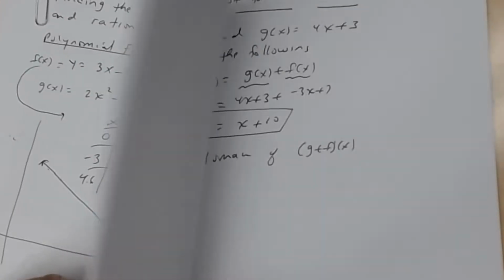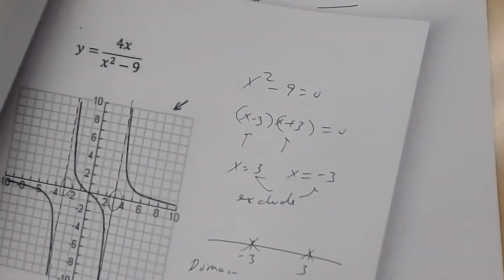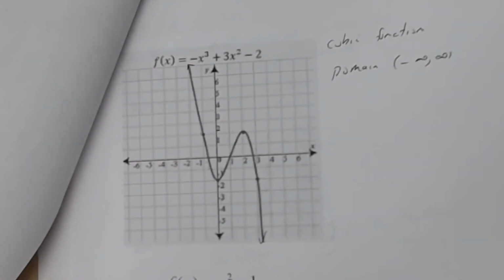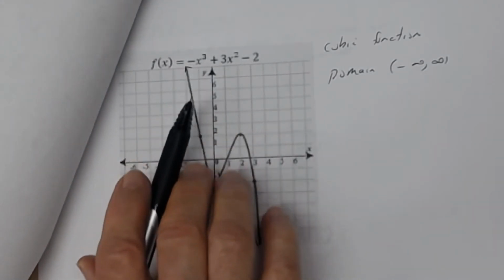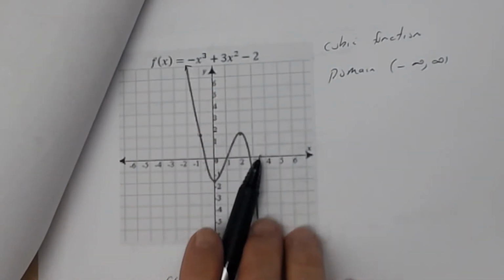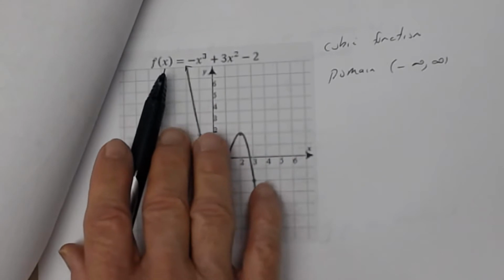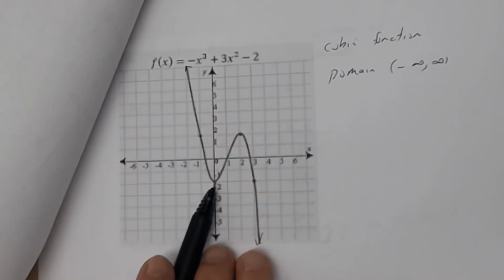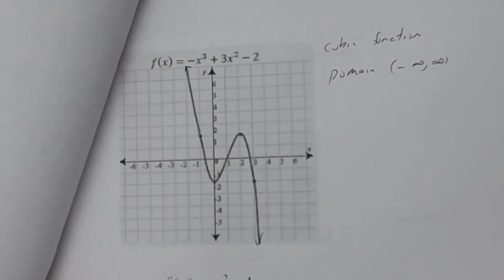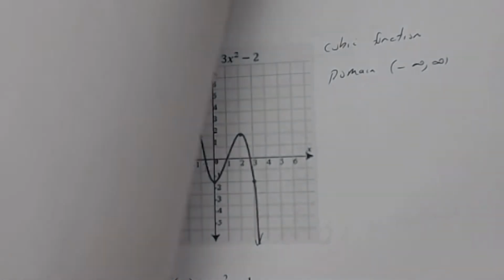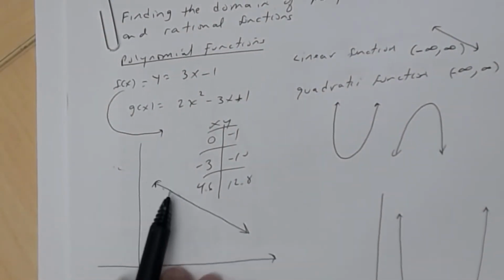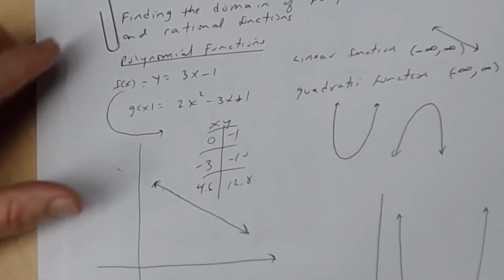We also looked at a cubic function, and we saw that this was indeed a polynomial function. If you graph it, notice that it's continuous. You have a smooth curve like this, continuous as you go from left to right.